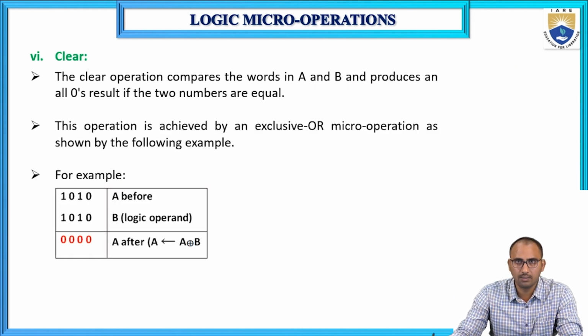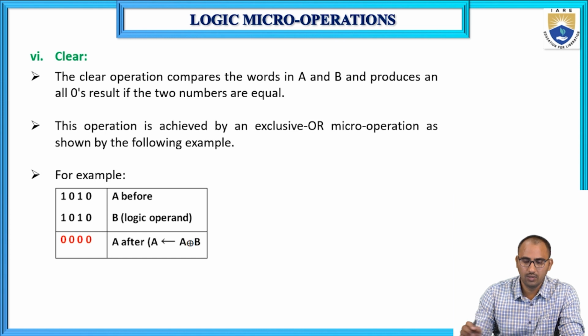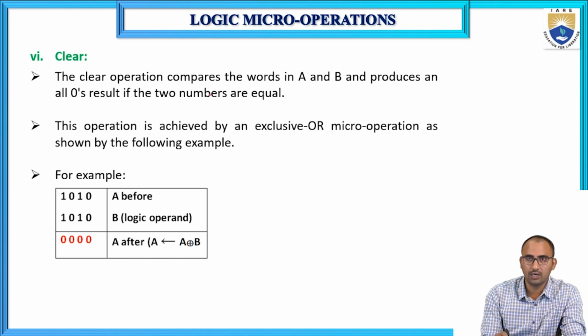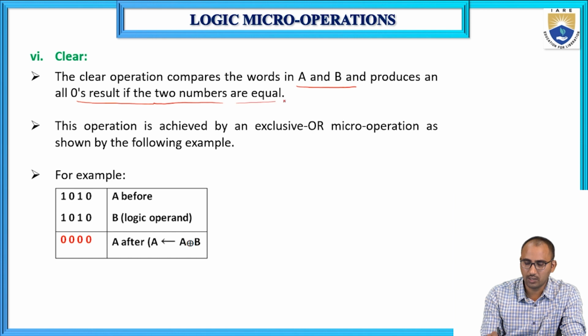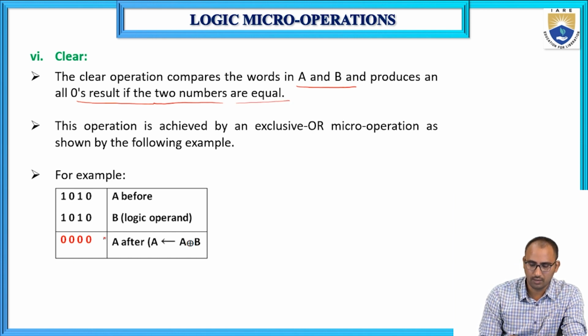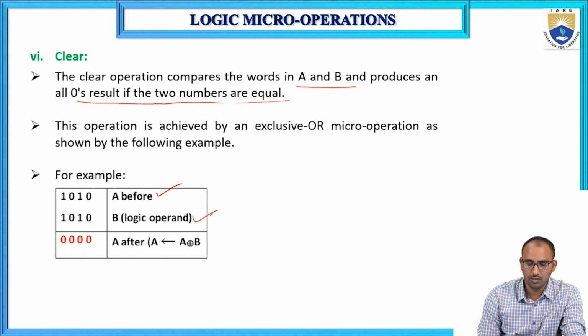Coming to the last application, that is clear. The clear operation compares the bits in registers A and B and produces an all zeros result if the two numbers are equal. So see here, this is register A and this is register B. We are comparing these two using the exclusive OR operation.